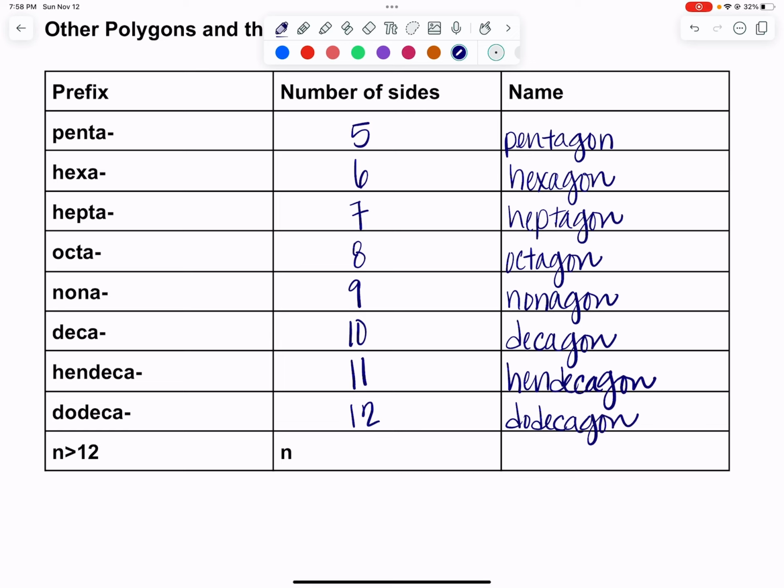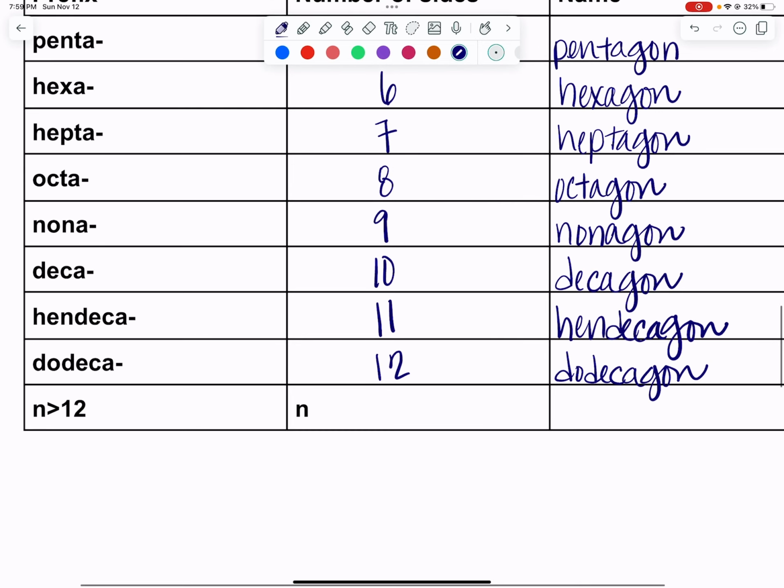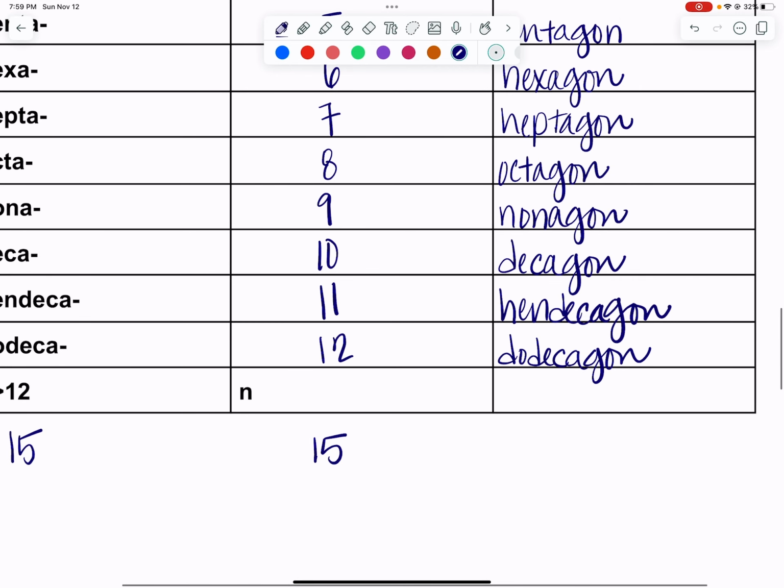And now, luckily for you guys, and for me, because I get tired of writing all of these out, when we get larger than 12, we've already talked about how math people are inherently lazy and we like to take the shortcuts. If you get larger than 12, so if you have 15 sides, we call this a 15gon.